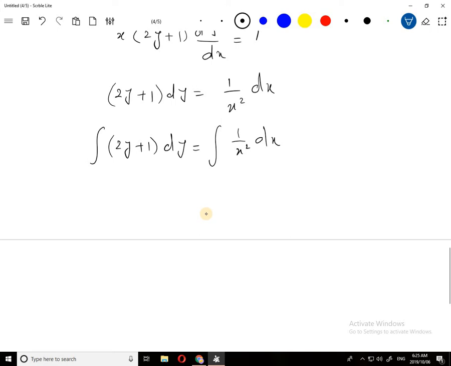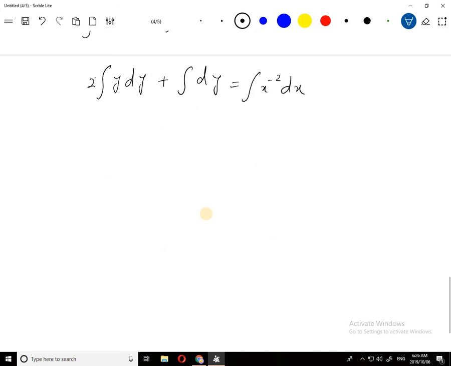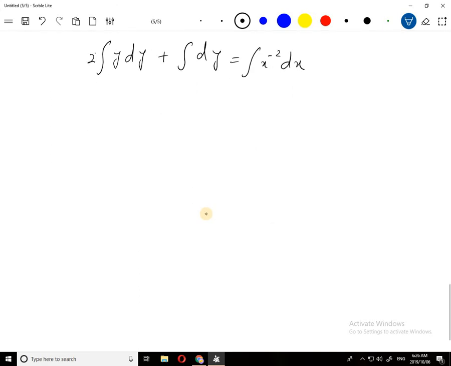And what is the integration of 2y? 2y dy. Let's separate this whole thing. x raised to power minus 2 into dx. Now let's do the integration part as well.